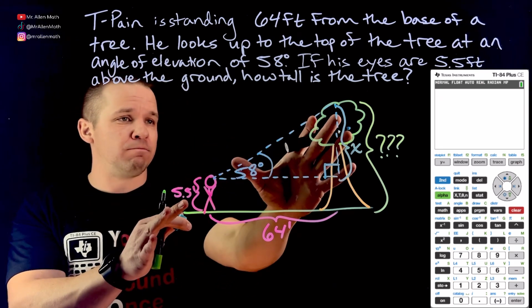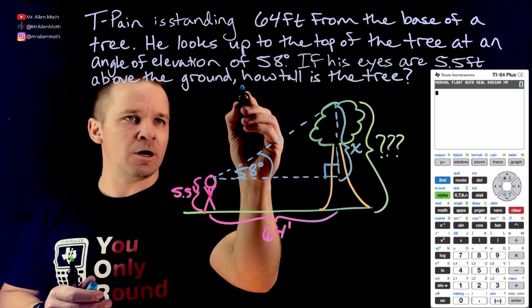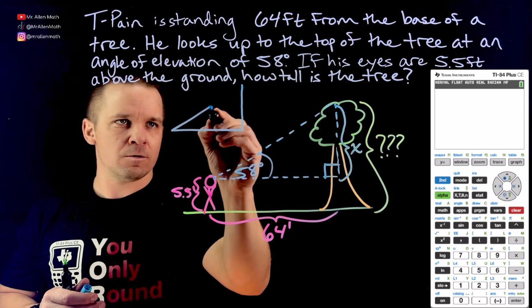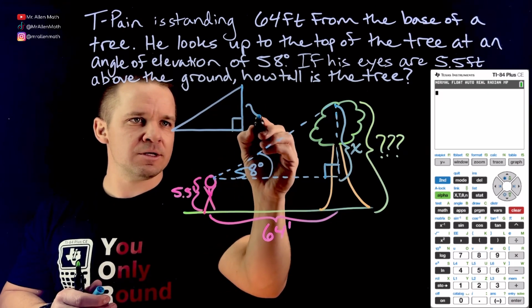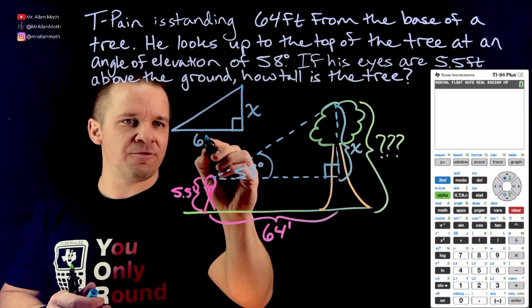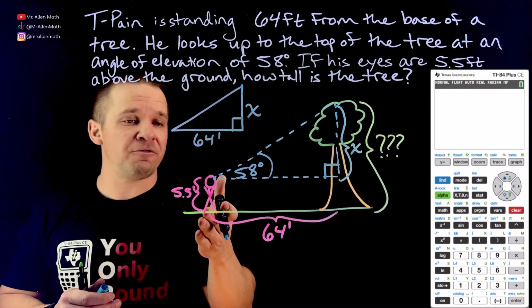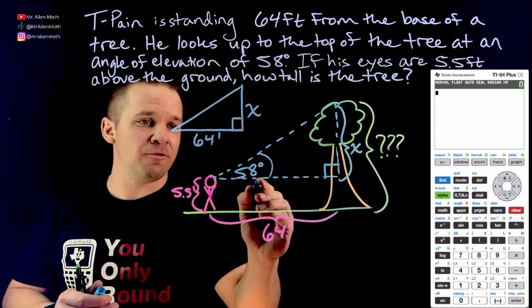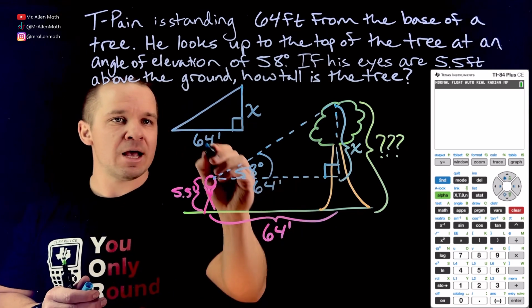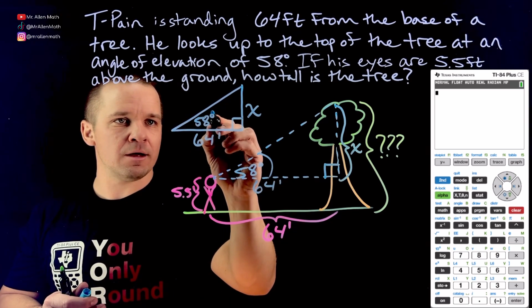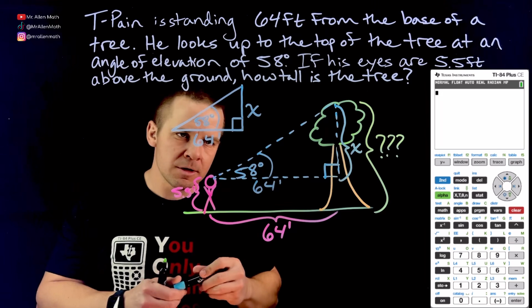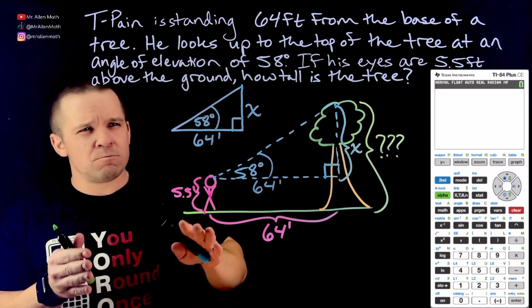I'm going to draw this blue triangle just off in its own little space here so we can label some things. So this is x. This we said is 64 feet. He's standing 64 feet, so this part's going to be 64 feet as well. And I know this is a 58 degree angle. Now, what can I do with this?